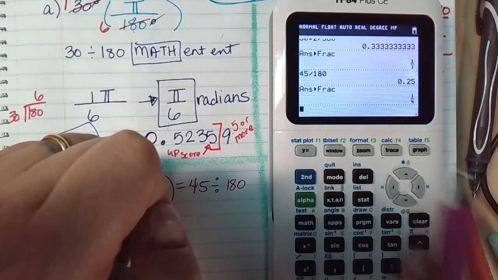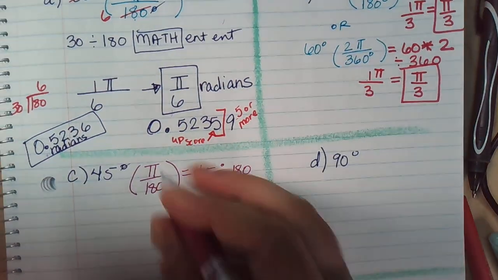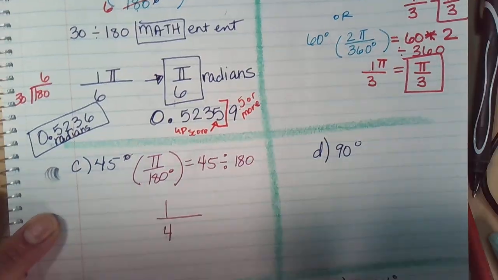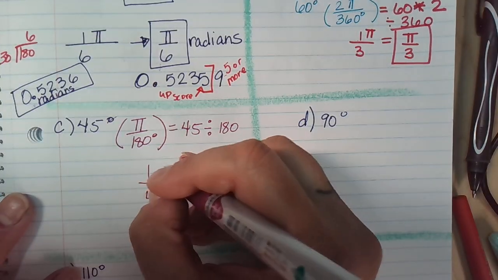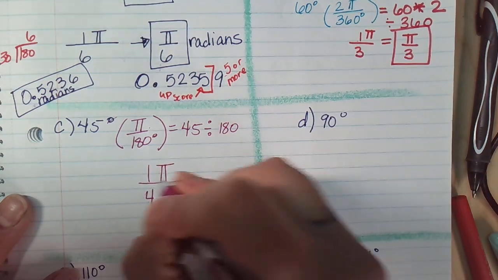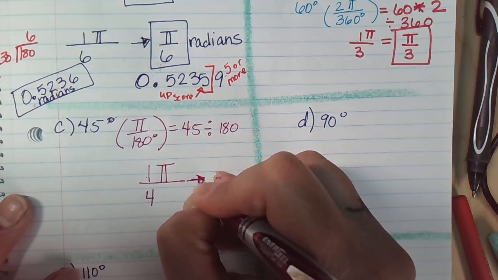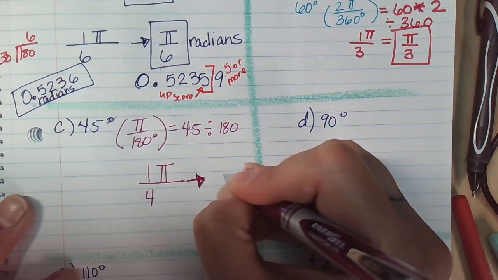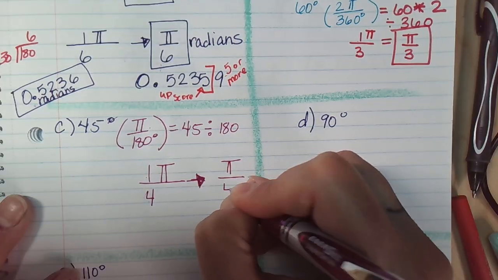Yes, enter, and you get 1/4. Okay, but then we put the pi on top because the pi was on top. And then we grow up and we don't put 1 pi because we know what that is. That's just pi. It's kind of like 1x.